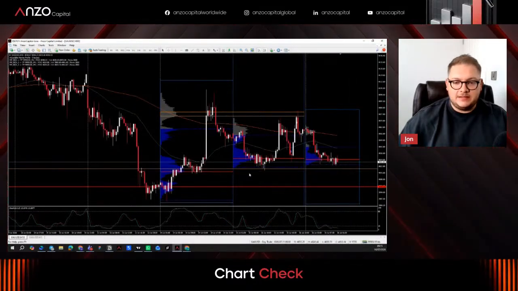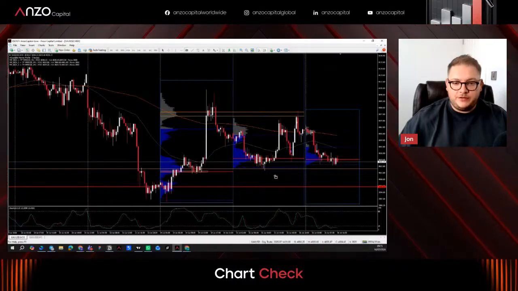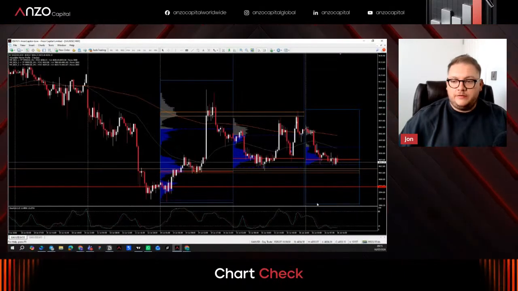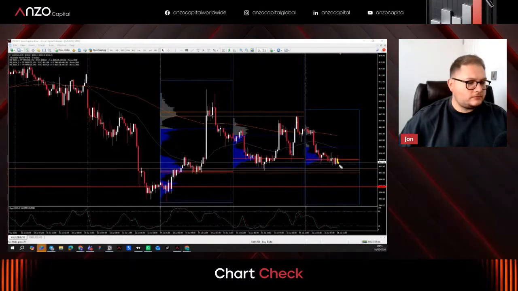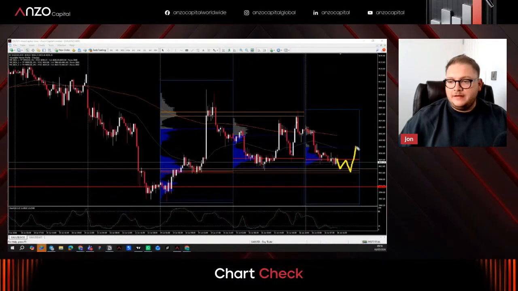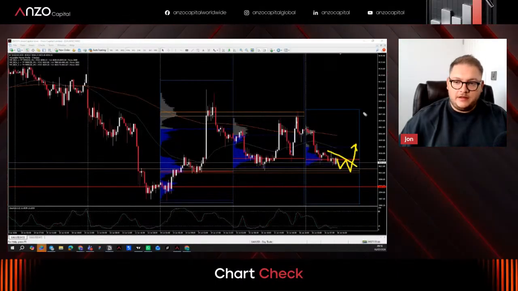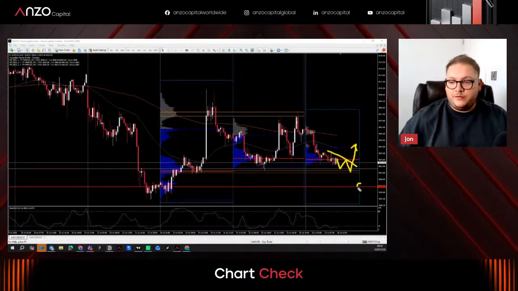That is an untested point of control from the 14th of July, so that could be a level of support. If price comes into this level and rejects it, then we could look for breakout opportunities along there. The second idea is waiting for the $4,000 level.